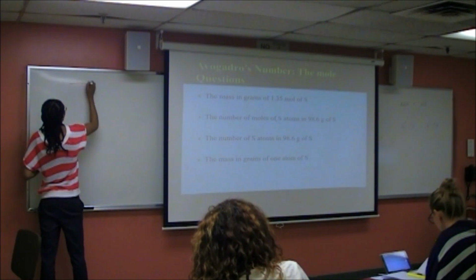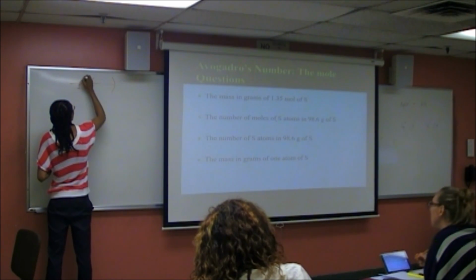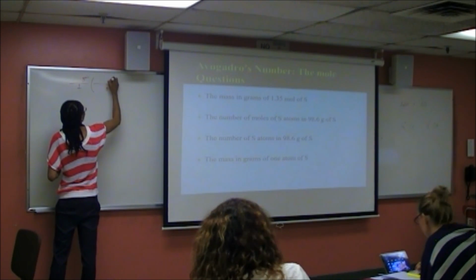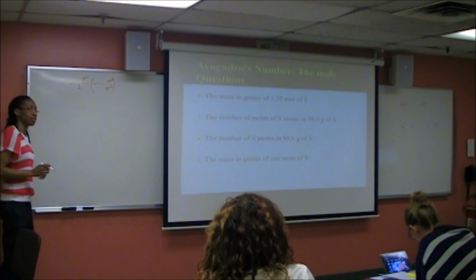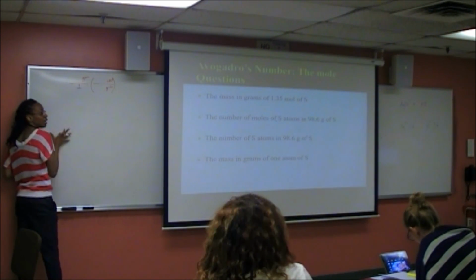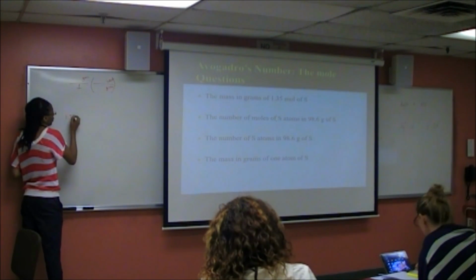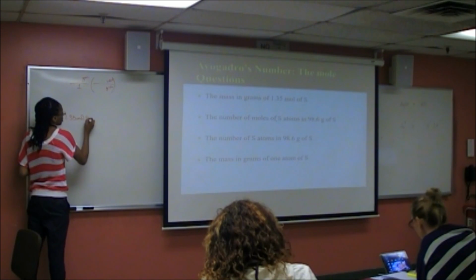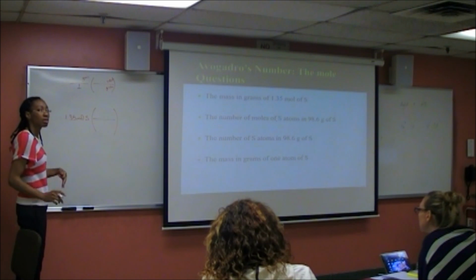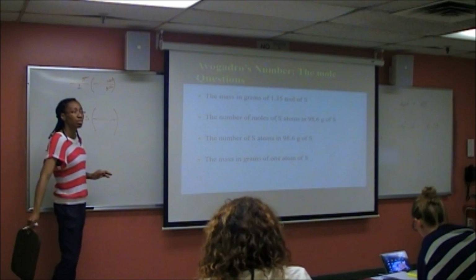What you're trying to get rid of. Your given is on your left side. What's my given? 1.35 moles of sulfur. Brackets. Now we need, how do you go from moles to mass in grams? What do we need?